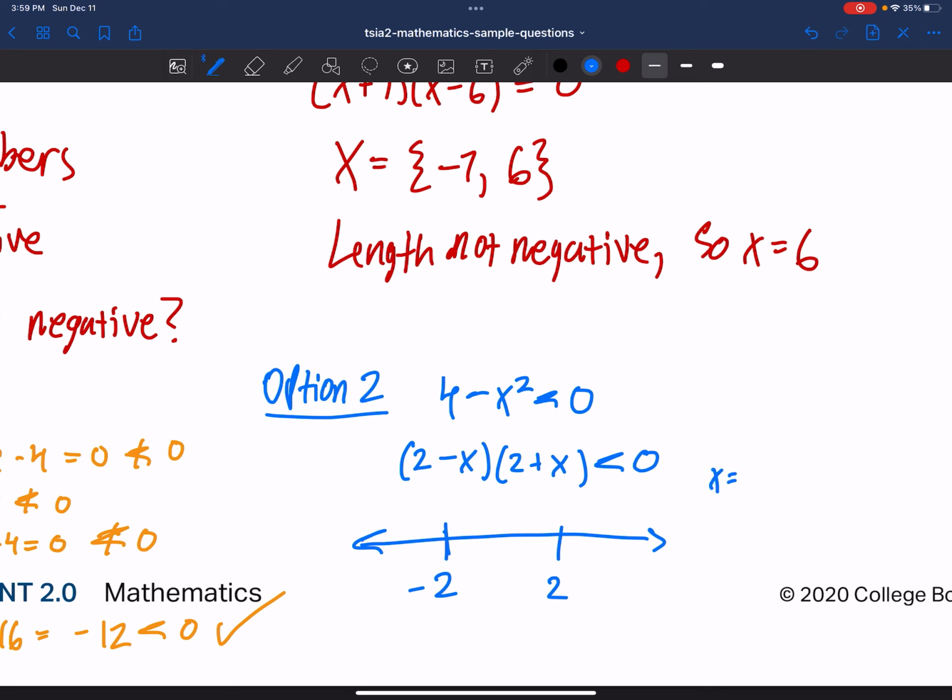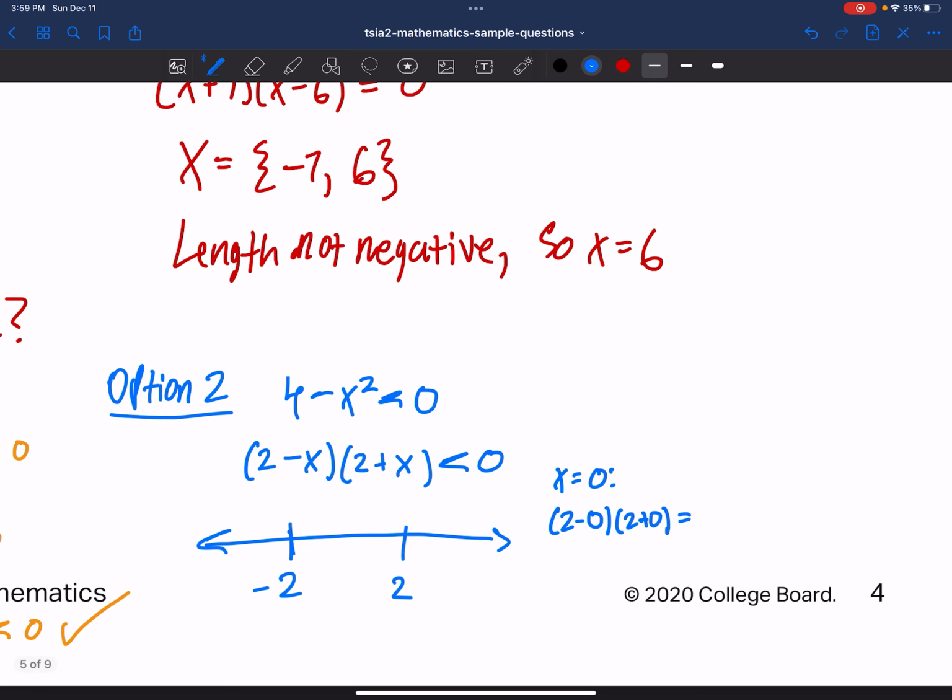So if x equals 0, then you do 2 minus 0 times 2 plus 0. That's just positive times positive equals positive, which is greater than 0. So this does not satisfy it.